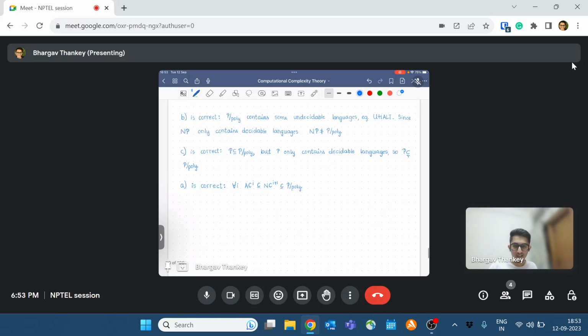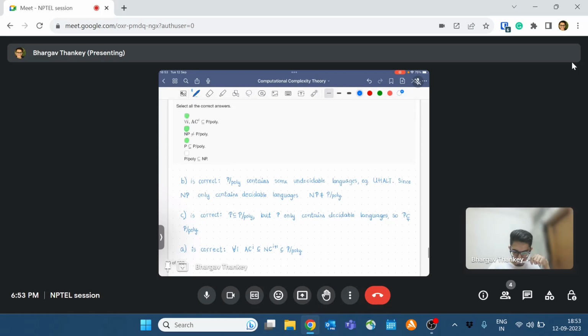Just one thing with option B. What does it actually mean when we say that a language is undecidable? P/poly contains some undecidable languages. Does there exist a circuit for it? And if so, shouldn't the circuit decide the language itself? Let's say you have a circuit for the halting problem.